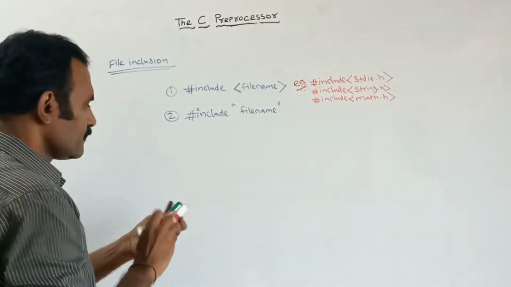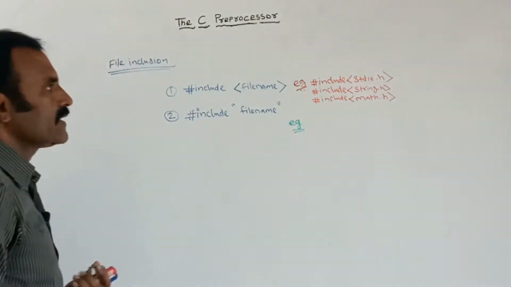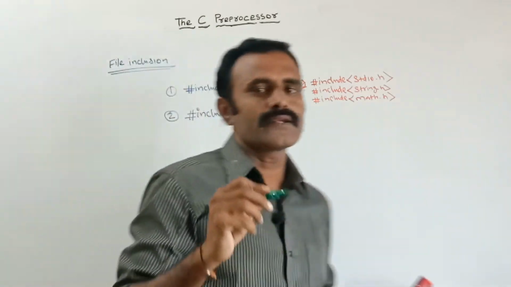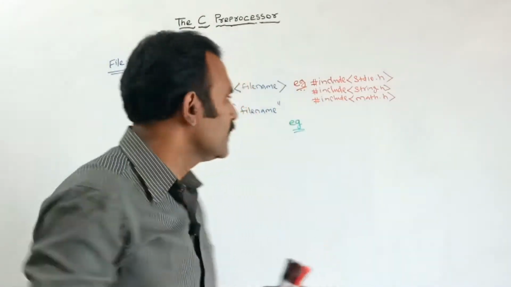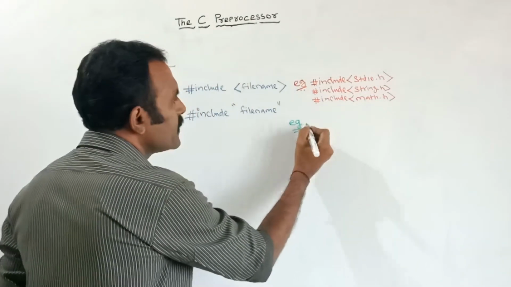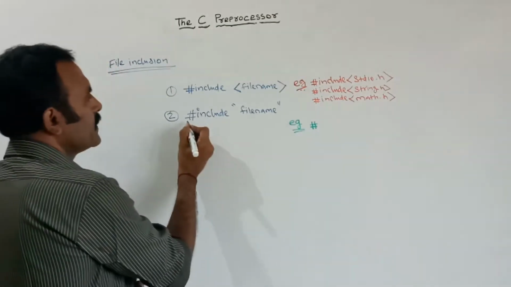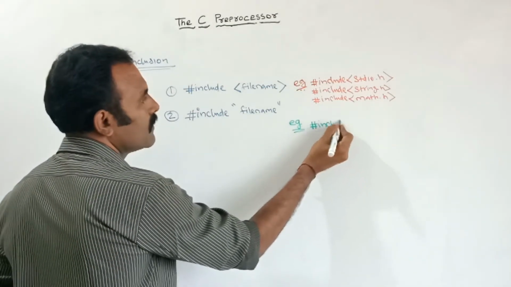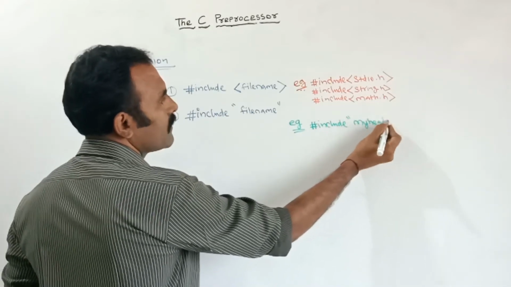For example, suppose I am creating a header file, and let us assume my header file name is myheader.h. That is the header file name. If I want to include that header file in our source code, I can use it like this: first the hash symbol, next include, after that within double quotes myheader.h.